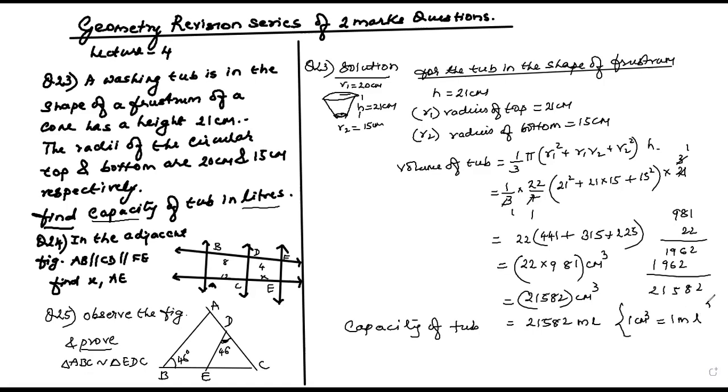Milli means 1 upon 1000. So what will happen here? This is milli, I want liters. So 21,582 divided by 1000. When I divide by 1000, it becomes converted into liters. The capacity of the tub is 21.582 liters. Okay. Capacity of tub is 21.582 liters.